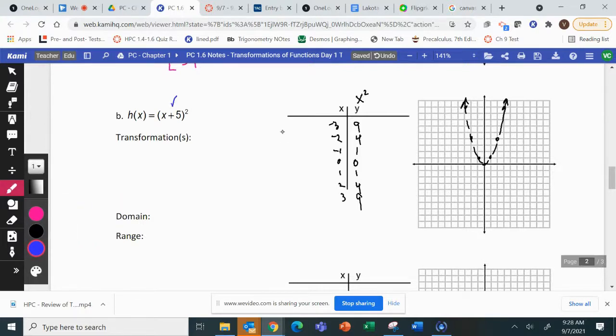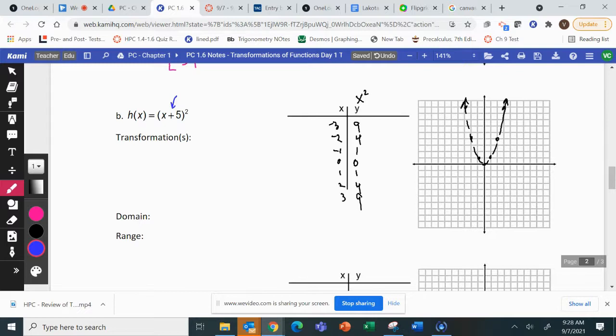This time our transformation is +5 and it's on the inside of the squared. If it's on the inside, Charlie, can you tell me anything about it? The inside of the squared, it's x + 5, but it's on the inside of that squared. Do you know if that's going to be vertical or horizontal?